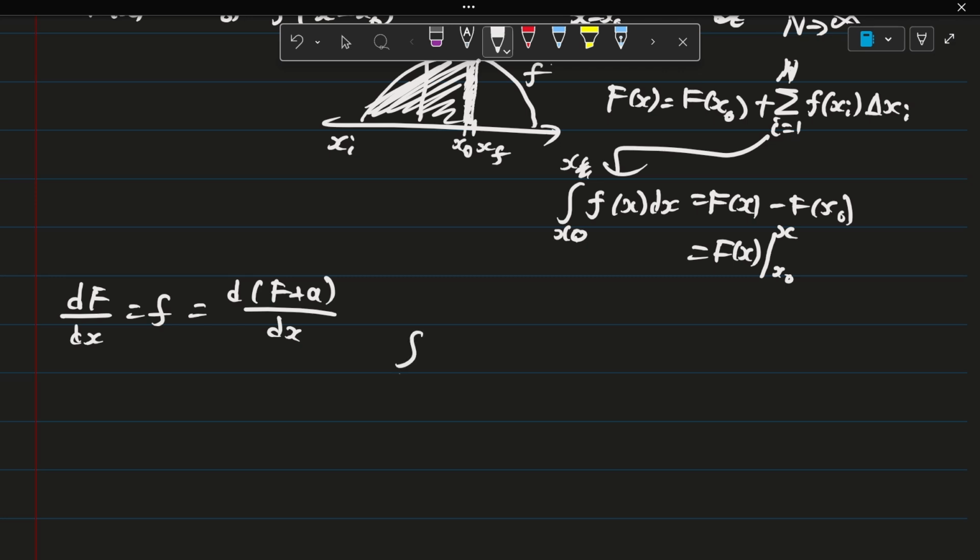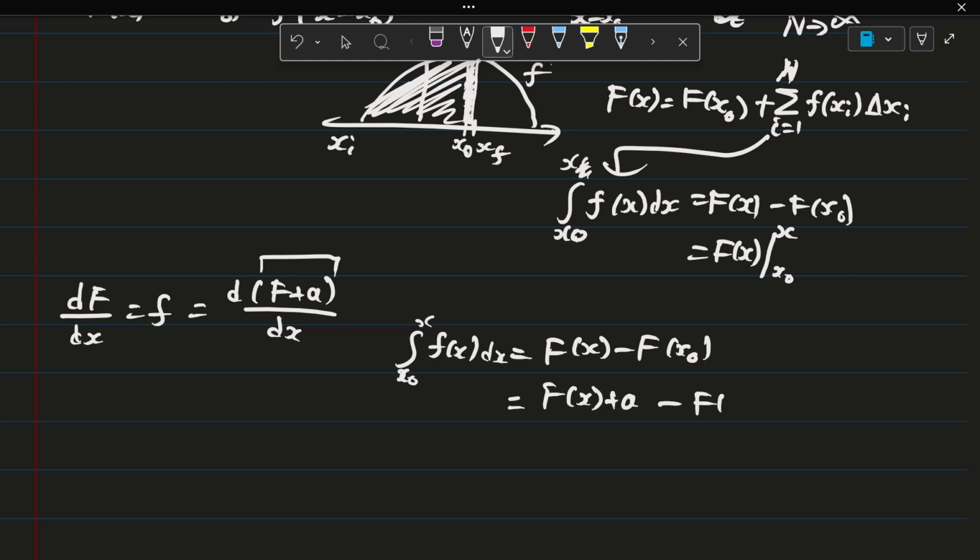If you take the integral from x0 to x of f(x) dx, what you end up doing is taking the function at x minus the function at x0, right? Or if the answer that you get was this one, it's F(x) plus a minus F(x0) plus a.